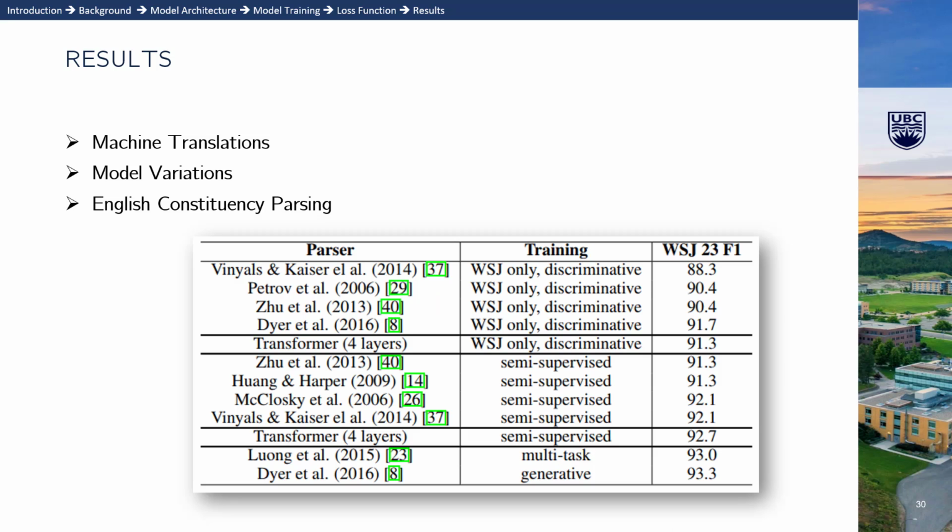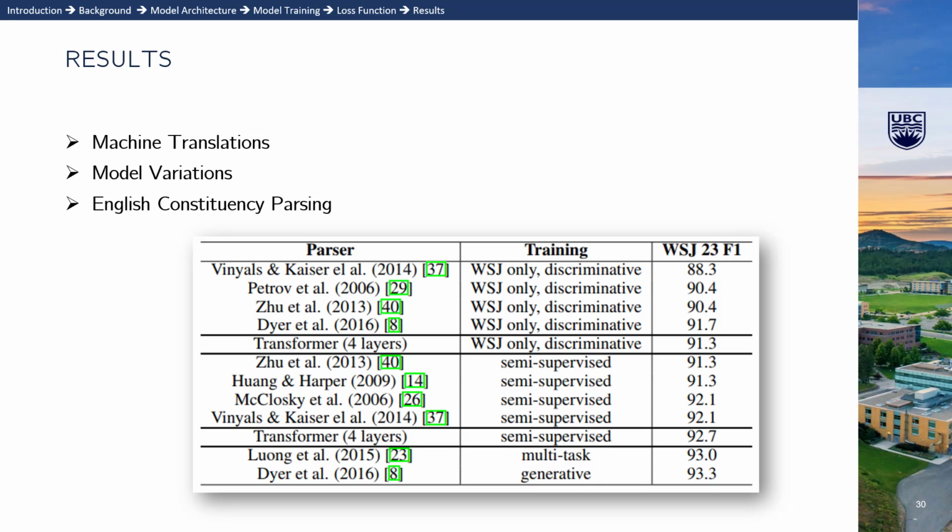To evaluate if the transformer can generalize to other tasks, the researchers performed experiments on English constituency parsing. Constituency parsing is the task of breaking a text into subphrases or constituents. The researchers trained a 4-layer transformer with d_model, or dimensionality of input and output vector, as 1024 on the Wall Street Journal, or WSJ, with about 40,000 training sentences.